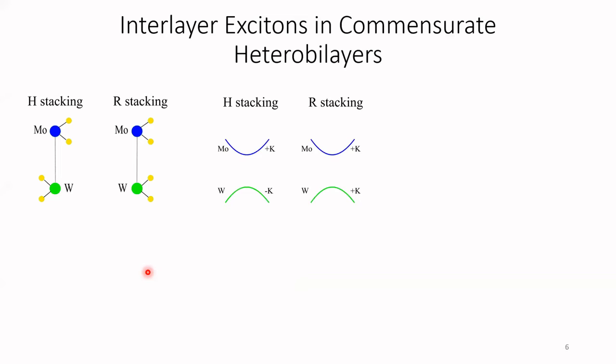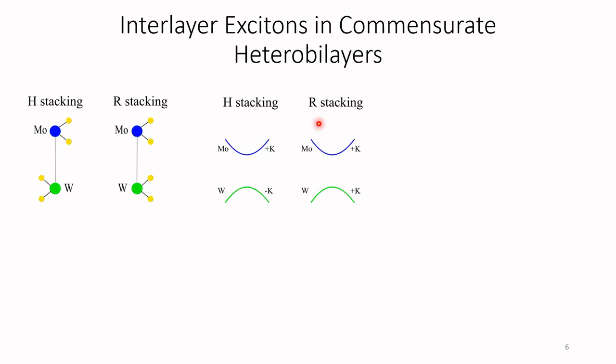So let me talk now about interlayer excitons in these heterobilayers. What I'll be considering here are commensurate heterobilayers. What that basically means is there's no twist angle between the layers; they're stacked in phase on top of each other.